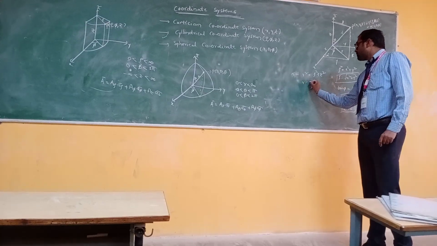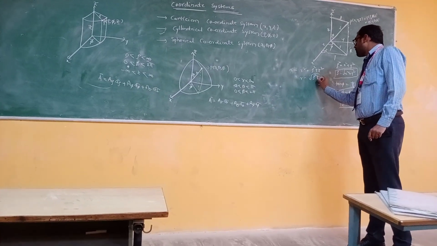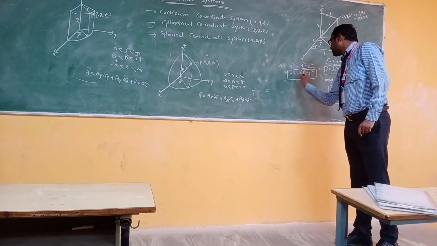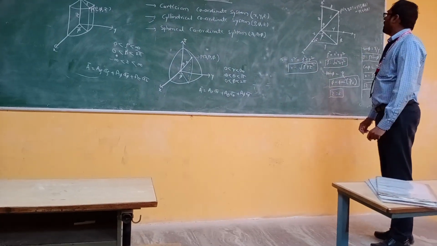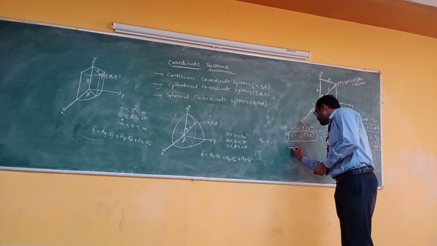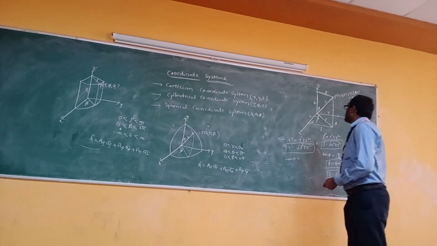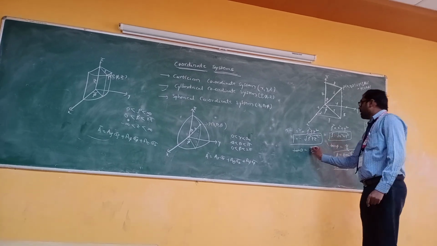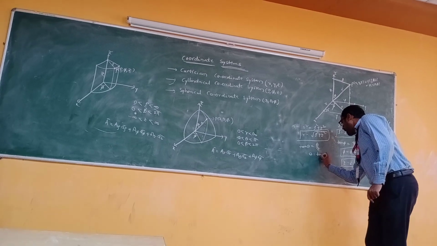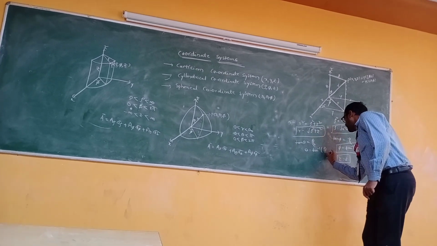Now r is equal to under root of rho square plus z square. The next one is, what is tan theta? Tan theta equals rho by z. Theta equals tan inverse of rho by z.